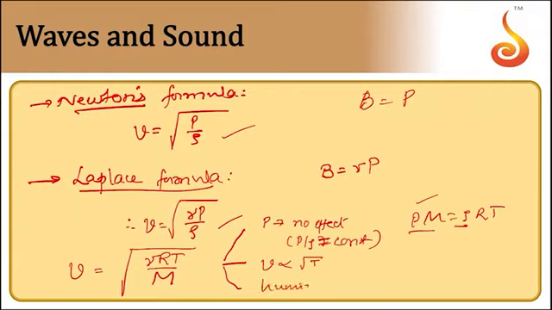Humidity also has an effect here. How does it affect? As the humidity increases, the presence of water content also increases, right? And thus effective M decreases, and speed of sound increases. So velocity of sound increases due to the presence of moisture or humidity.